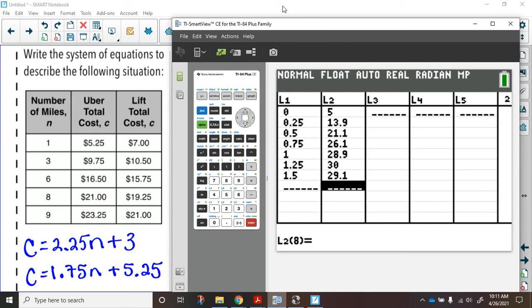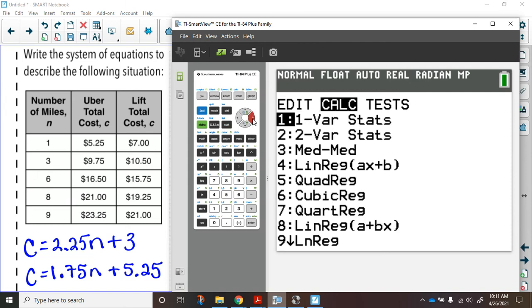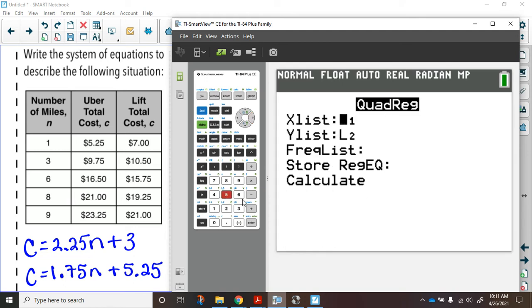We do. So stat calc, because this is a quadratic function, now we get to use number 5. Enter 5 times.